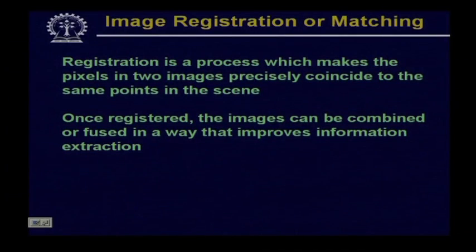Once we have images from different sensors, maybe located at different locations, or maybe a remote sensing image taken through a satellite, where we have images taken in different bands of frequencies, if we register all those different images, then those images can be combined or fused in a way that improves the information extraction process, because this fused image has a combination of the information from different images or from different bands of frequencies, so it will be more rich in information content.